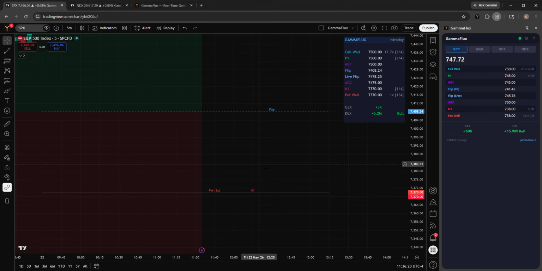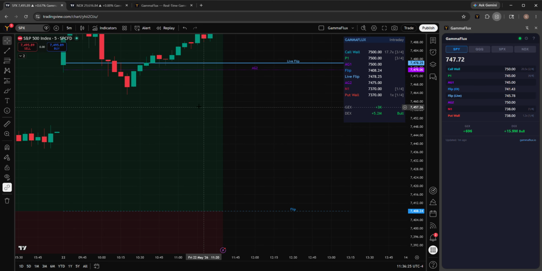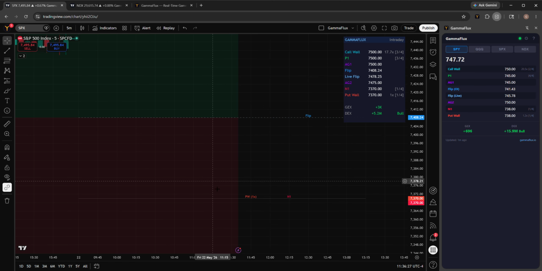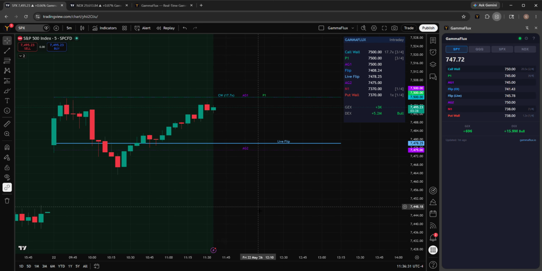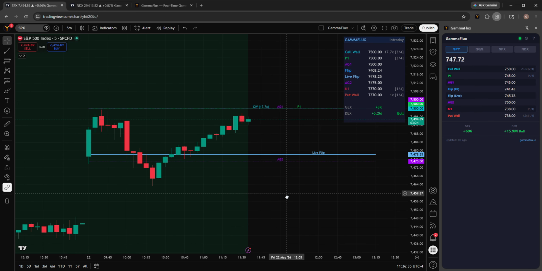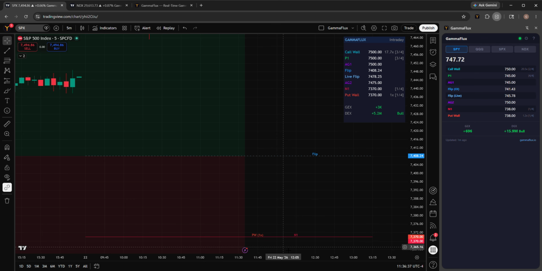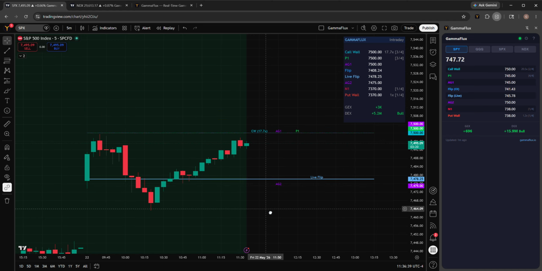I can tell you from earlier in the day, the put wall has actually shrunk. As price came down, that put wall would grow, and as price moved away, it would shrink. And that put wall has also migrated, I believe, if I remember correctly. It opened a little lower and has migrated up.